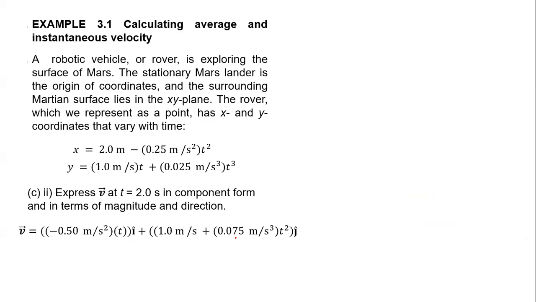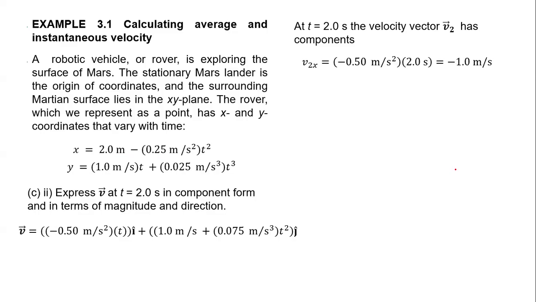So the question is, express v at t equal to 2.0 seconds in component form and in terms of magnitude and direction. Okay, this is what I told you, that sometimes problems will ask you to find the component form or the vector form, and the magnitude and direction. At t equal to 2 seconds, your velocity vector, we'll put a subscript v2, has components v2x and v2y.